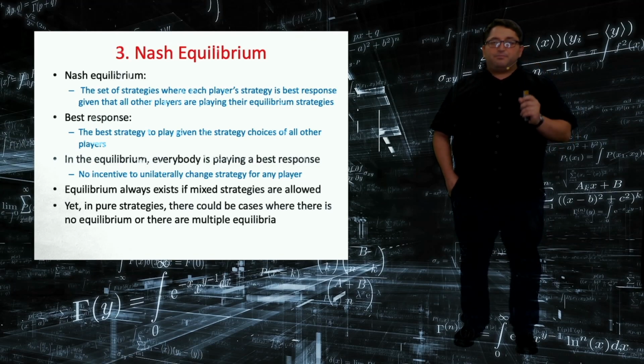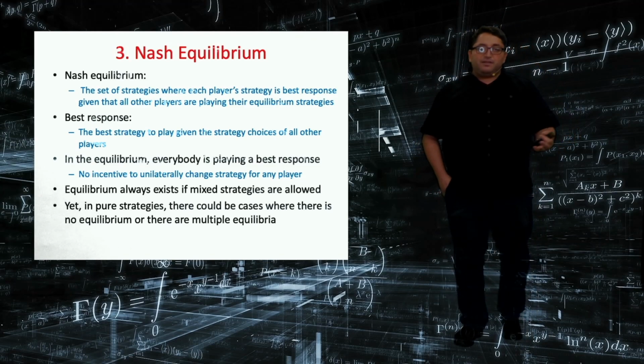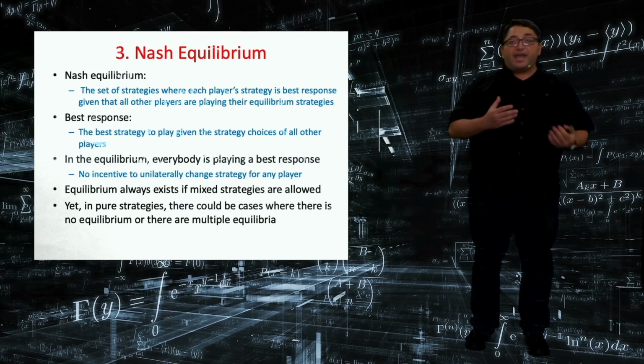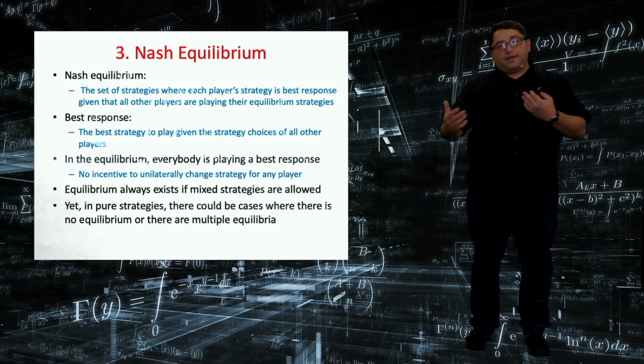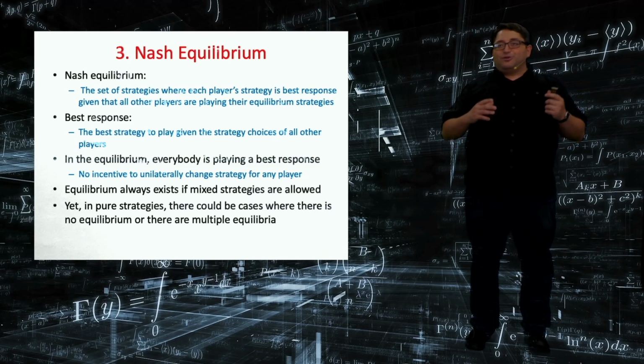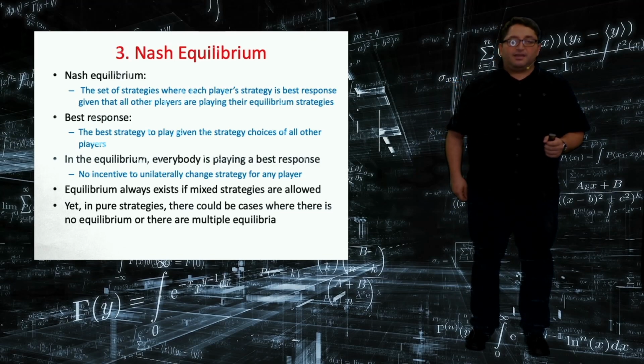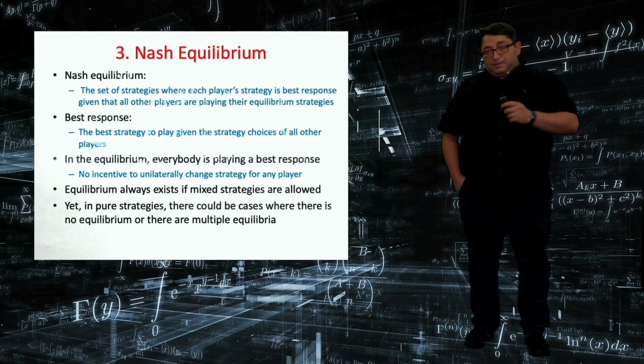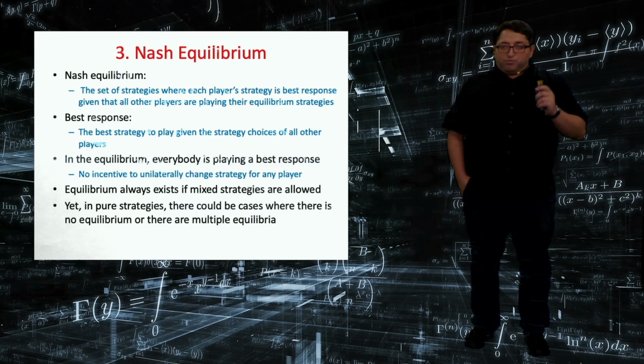The existence property is based on the fact that people can choose mixed strategies. So they can play strategy A with some probability and strategy B with another probability. By randomizing strategies, the Nash equilibrium idea says that the equilibrium exists. So that's a very powerful property.